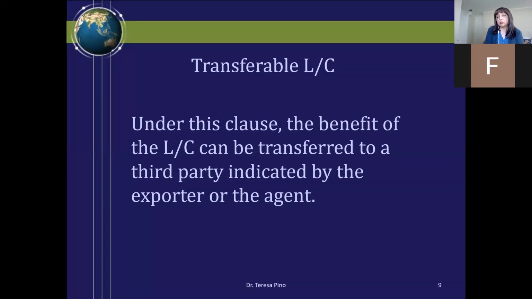And the bank needs to know this because the bank then is going to produce two drafts. One, for example, for the 80% of the beneficiary, for the exporter, and the 20% for a supplier, in the name of that supplier.